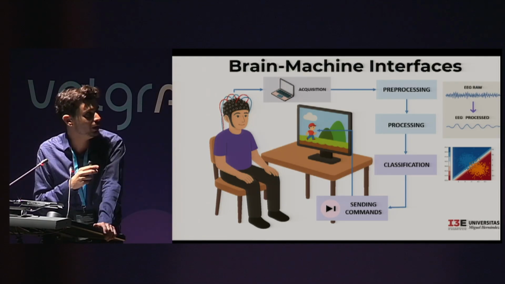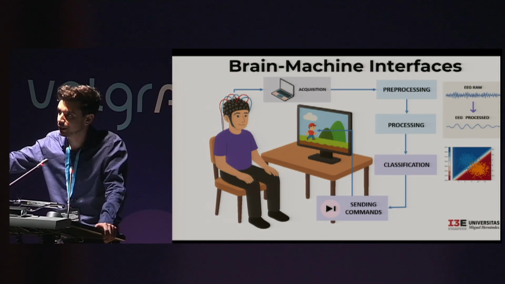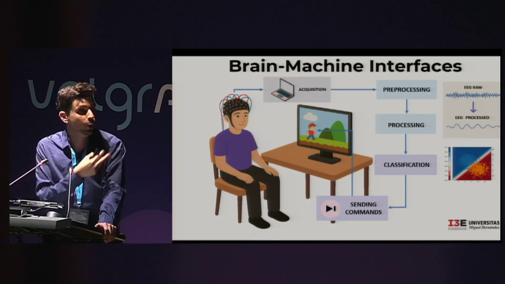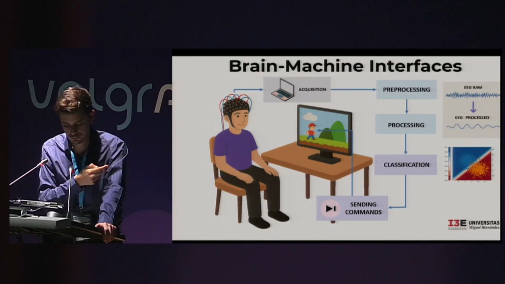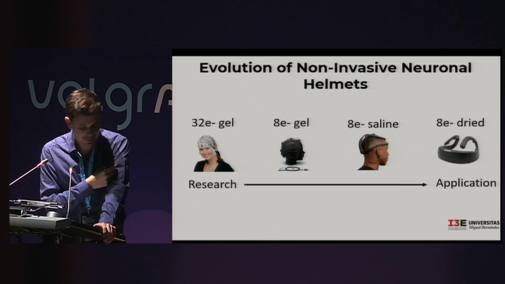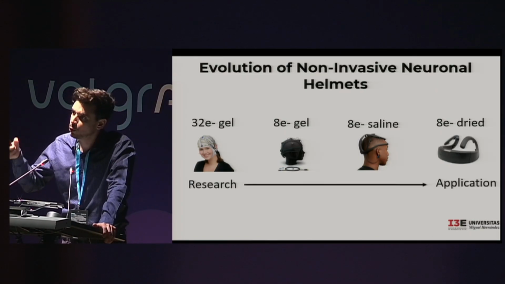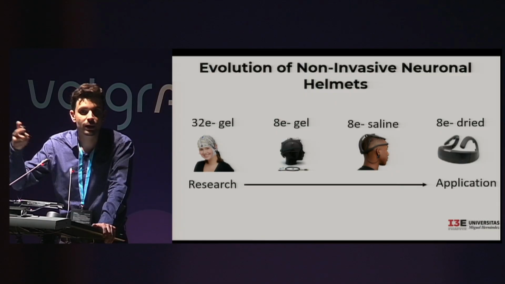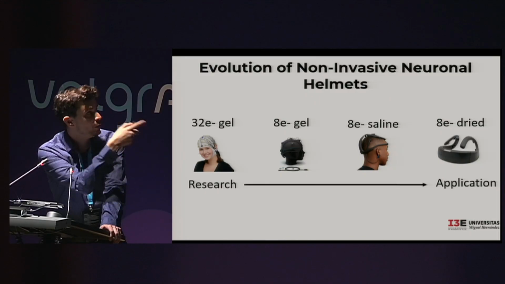Later, with that model, we try to predict the intention of the user and also control the interface. So we are providing real-time feedback to the user. Originally restricted to gel-based lab setups, this technology can now be deployed in more portable and reliable solutions with fewer electrodes and without gel.